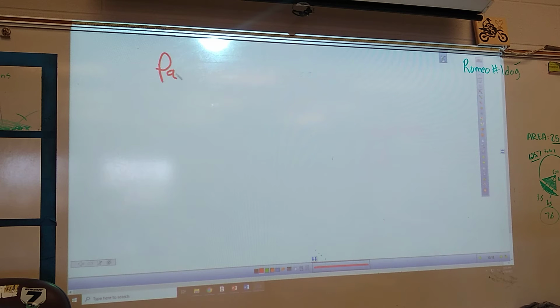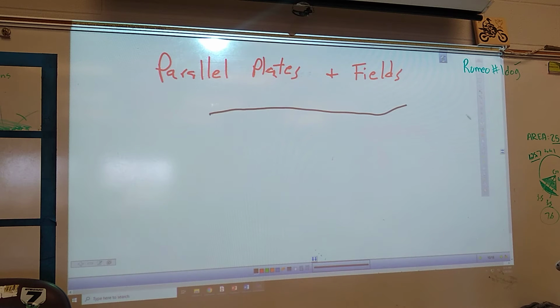We're going to talk about parallel plates in electric fields. All right? We're inside of a battery here. We have one plate. We'll say that this plate right here is the positively charged plate, and that this plate down here is the negatively charged plate.